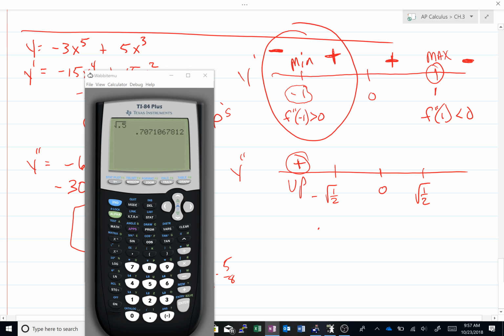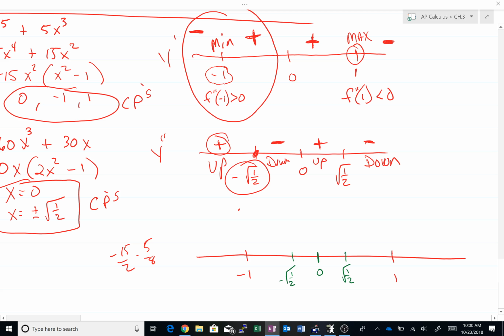Everywhere left of -1, I'm increasing and I'm concave up. Increasing, concave up to -1. Is everyone okay with that? Now, between -1 and 0, I'm increasing. Oh, I'm sorry, I'm decreasing, concave up.